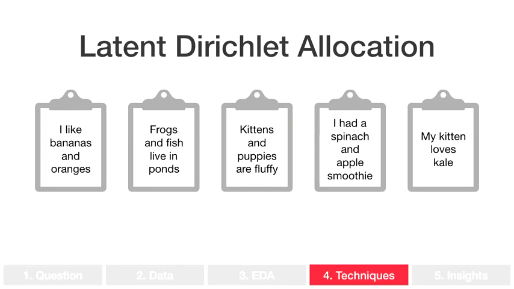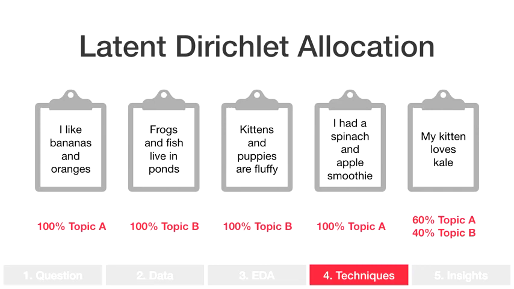Let's say I have these 5 documents here. If I applied LDA on this set of documents, I would get an output that looks something like this. It would say that document is 100% topic A, this is 100% topic B, this is split between topic A and topic B. Earlier I was talking about latent, which means hidden. These are topics that were hidden in these documents before that I couldn't find, but using LDA, I'm able to find those topics.